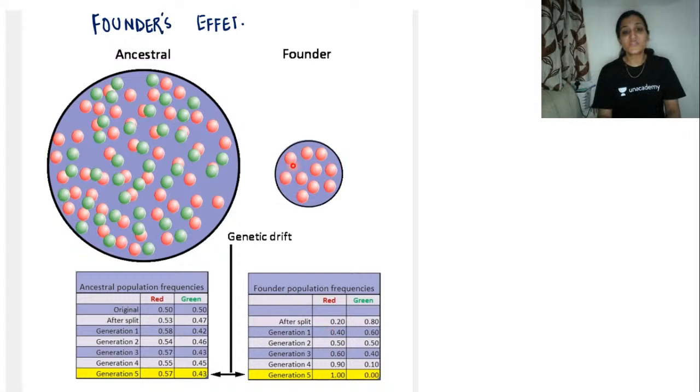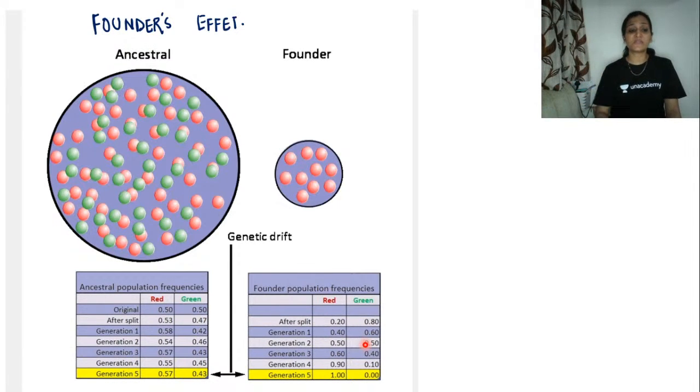Here you can see just red colored dots, because it is not exhibited in the phenotype. Then again, when it did not get more of the green allele, red became higher and green lesser. Till generation 5, they were completely made up of the red allele, and the green allele was completely wiped out. So this is the founders effect.